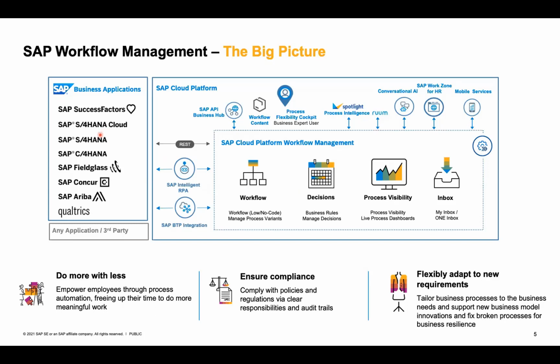So basically, you can have your S/4HANA Cloud system, and then have a cloud workflow connecting that system with some other system, for example, SAP SuccessFactors, to have a workflow spanning across several systems. So that is a quick reminder about the general big picture.